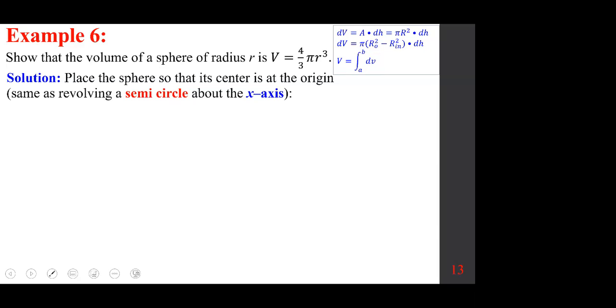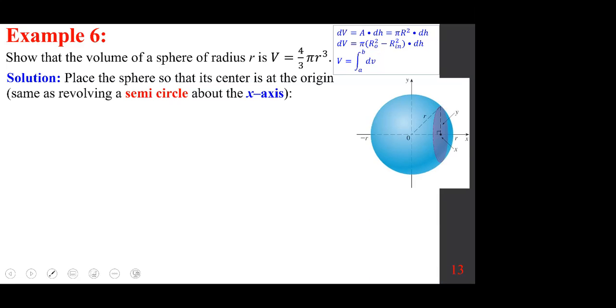So the idea is that, class, you have a circle and the equation of a circle is x squared plus y squared equals r squared. Everybody knows that, right? If it's centered at 0, 0, x squared plus y squared equals r squared.